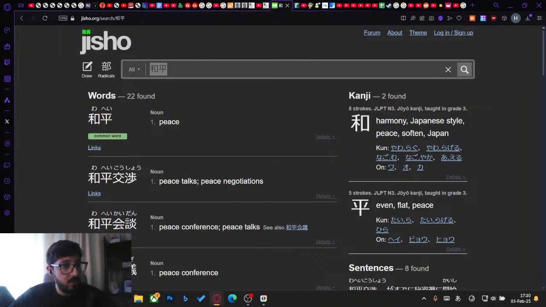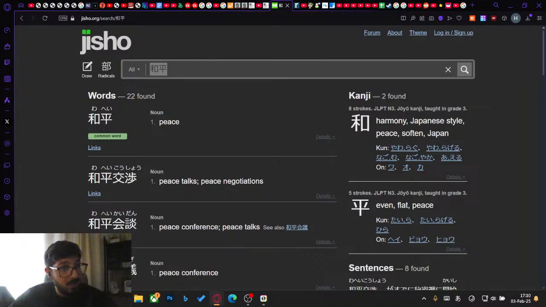So both heiwa and wahei can be translated to peace, but they are used in slightly different contexts. Heiwa refers to general peace or peaceful conditions, such as the absence of war or conflict, and is often used to describe a state of harmony or tranquility in society, the world, or even within individuals.